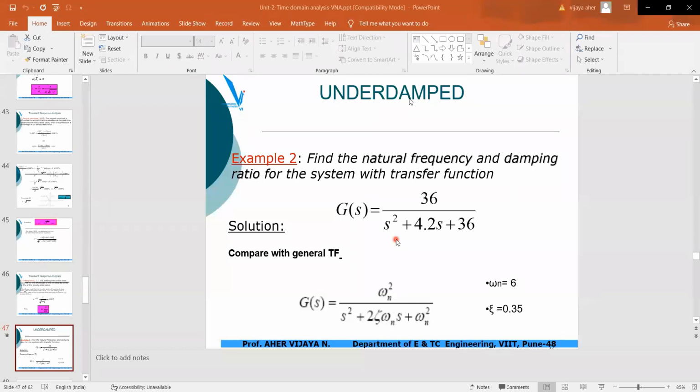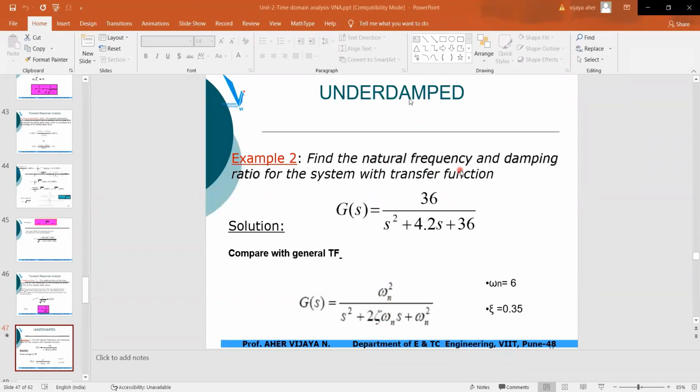So what is the standard equation of second order system? G of s is equal to omega n square divided by s square plus 2 zeta omega n into s plus omega n square. Second step. What is our second step? You are going to find the value of omega n. You are going to find the value of zeta.